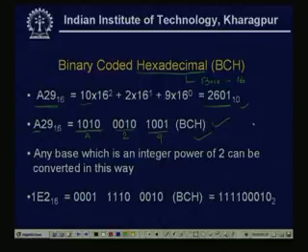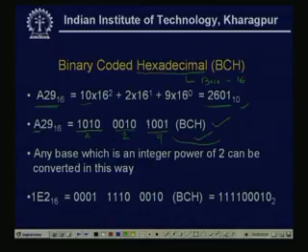And similarly, if I want to convert this to binary, then I will just drop the leading zeros and merge all the values. Here there is no leading 0. So, it will be 1 0 1 0 0 0 1 0 1 0 0 1. This will be the value.